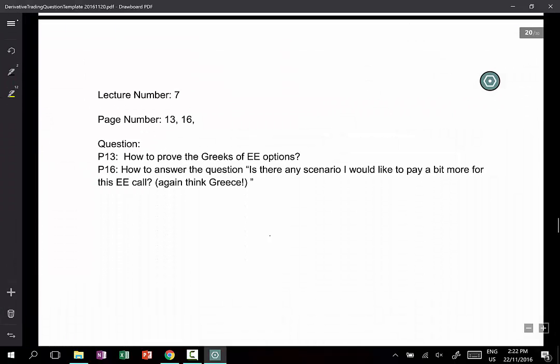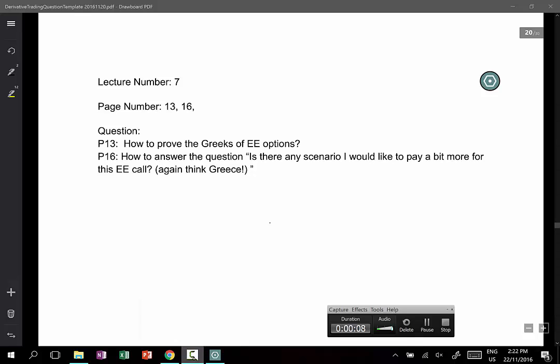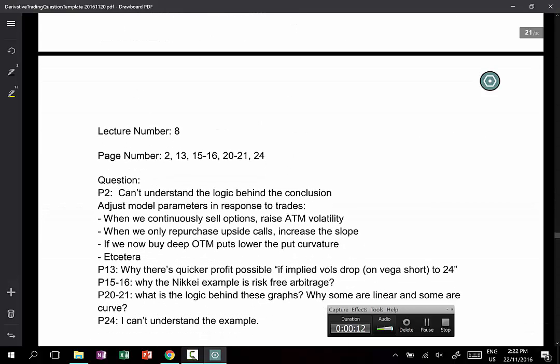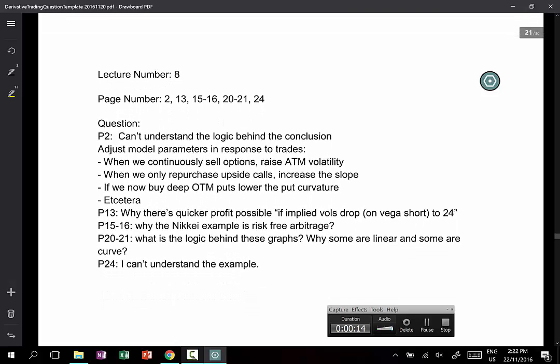Okay, so now I'm going to have a look at the questions on page 21. These are related to lecture number 8, pages 2, 13, 15, 16, 20, 21, and 24. So page 2 of lecture number 8: can't understand the logic behind the conclusion.